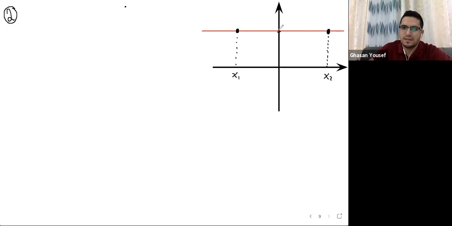And the y is the same y, the same value for y. So A is x1 comma y, and B is x2 comma y. Now, what's the slope?